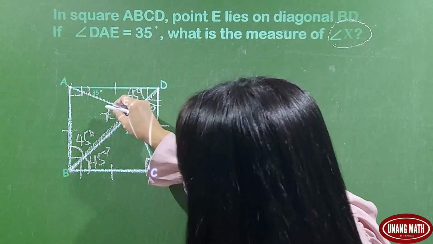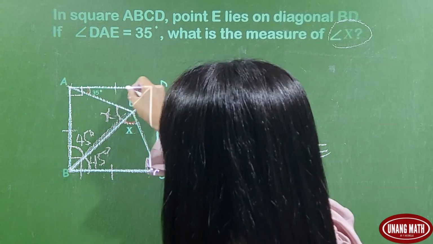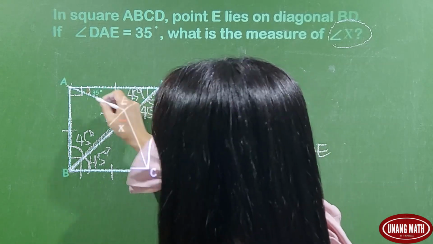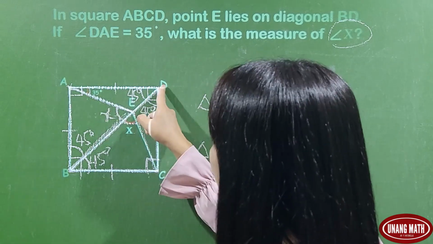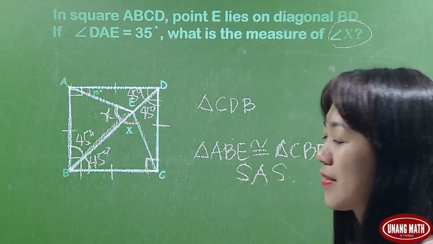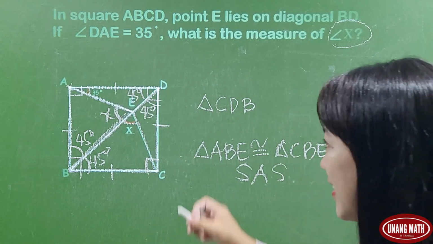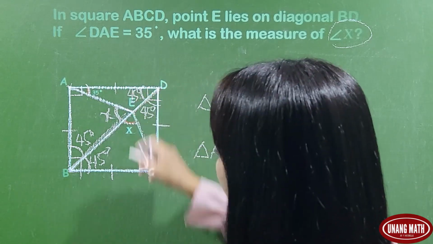Okay, and to find this angle X, this is actually the exterior angle of this triangle ADE. If it's an exterior angle, then it's the sum of the two non-adjacent angles. So the sum of 35 degrees and 45 degrees.